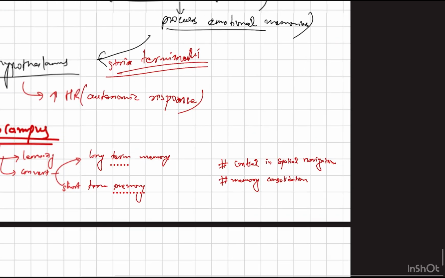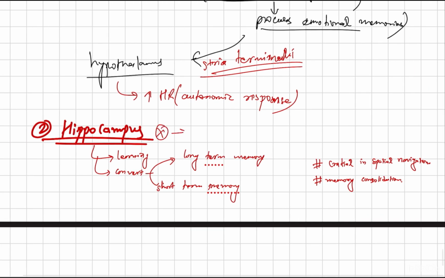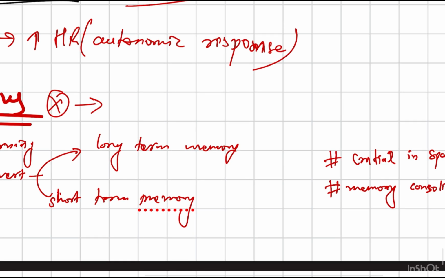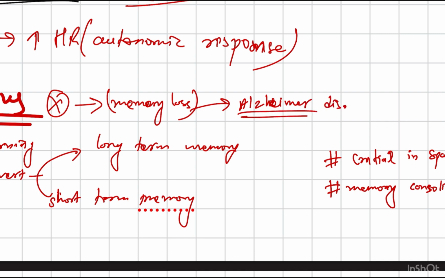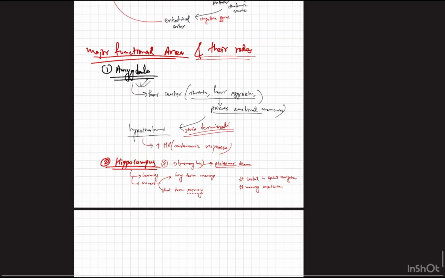If there is damage in the hippocampal region, it leads to memory loss, as in Alzheimer's disease.